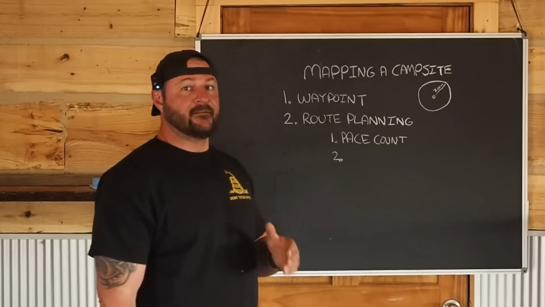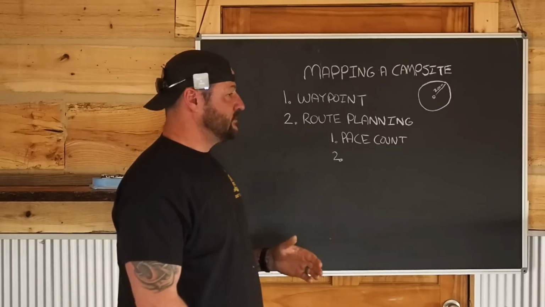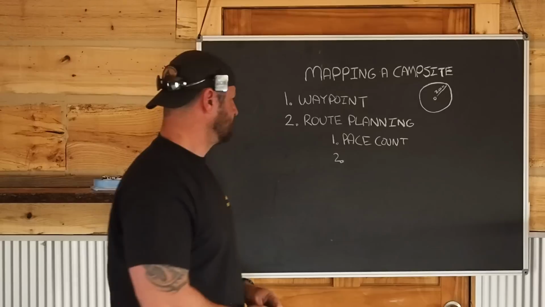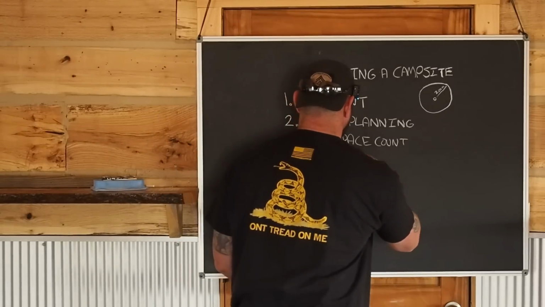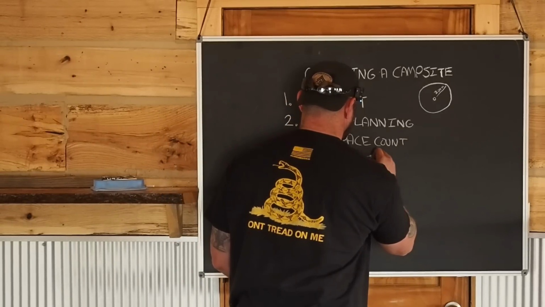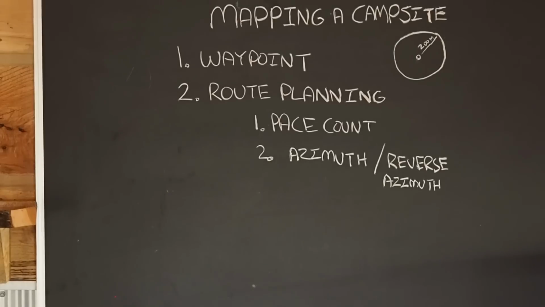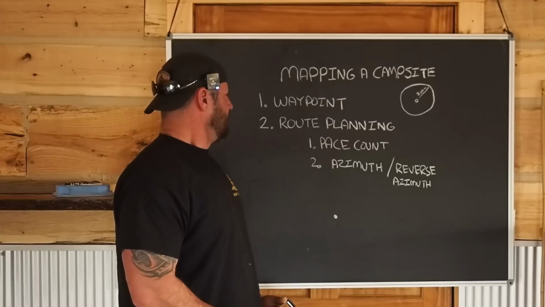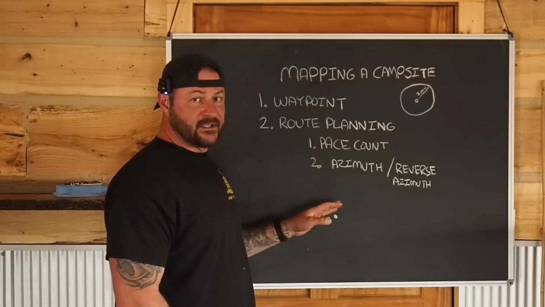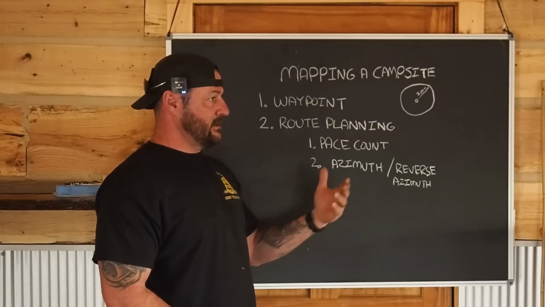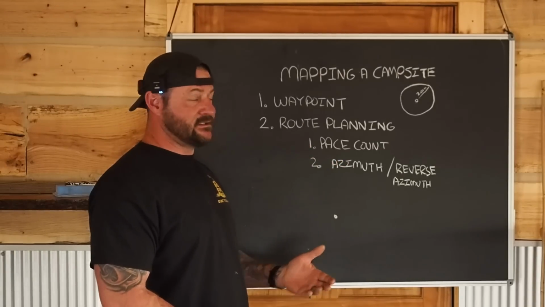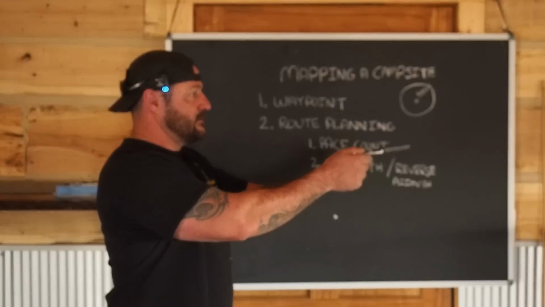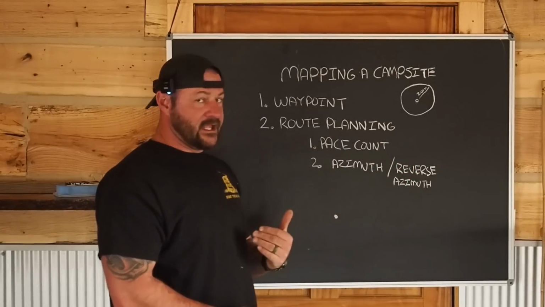And 2, at a very minimum, be able to shoot an azimuth and get the reverse azimuth. For option number 2, we're going to simply combine these 2 skills, a pace count, which is keeping track of distance as you walk, and shooting a basic azimuth, and then getting that reverse azimuth.